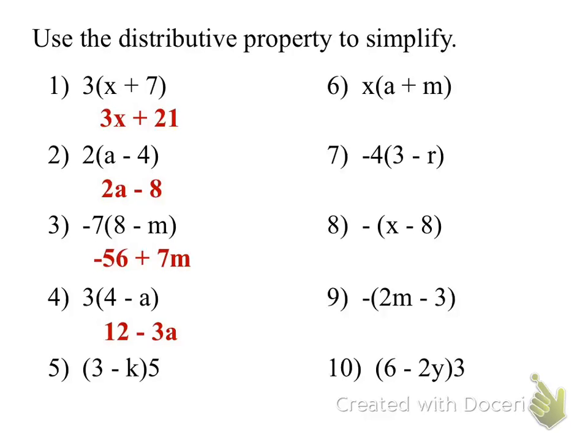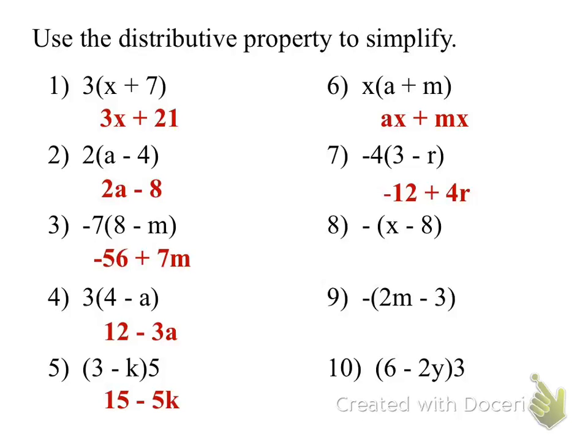Number 4 is 12 minus 3a. Number 5, it doesn't matter if it's on the back end, it's still getting multiplied by everything inside the parenthesis. So it becomes 15 minus 5k. Number 6, ax plus mx. Number 7, negative 12 plus 4r.